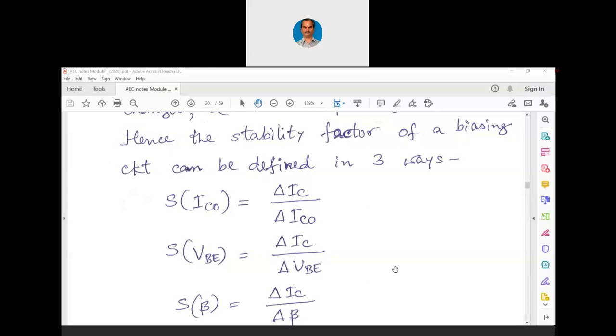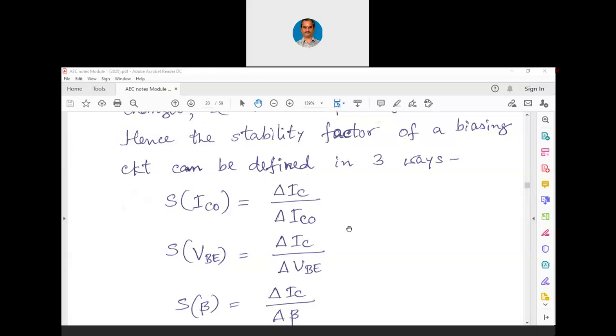So, if at all a biasing circuit is having a stability factor of 10, and if at all another biasing circuit is having a stability factor of 20 with respect to ICO, then we should come to a conclusion that the circuit which is having S of ICO equals to 10 is more stable than the circuit which is having S of ICO as 20.